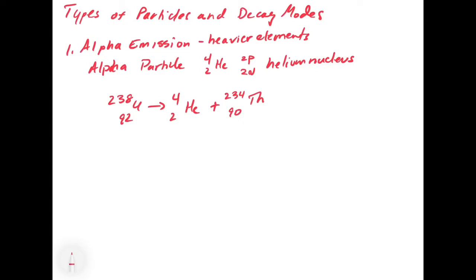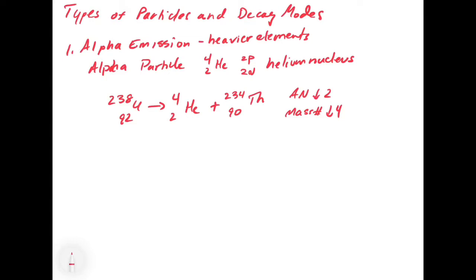The process is that if we tell you it's an alpha emission, you write the particle on the side where it's being emitted, and then you calculate what's left on the right. The general trend for an alpha emission is that the atomic number decreases by 2 and the mass number decreases by 4.